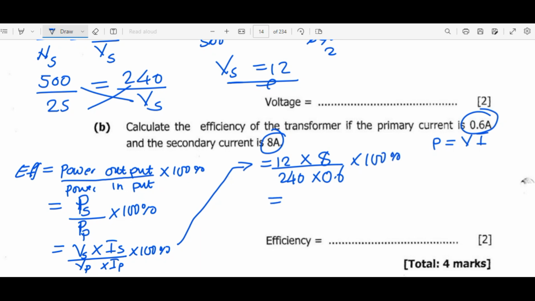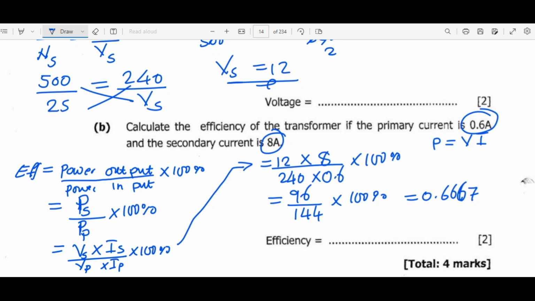Then 12 multiplied by 8 will give us 96 over 240 multiplied by 0.6, which will give us 144, multiplied by 100%. 96 divided by 144 will give us 0.6666.